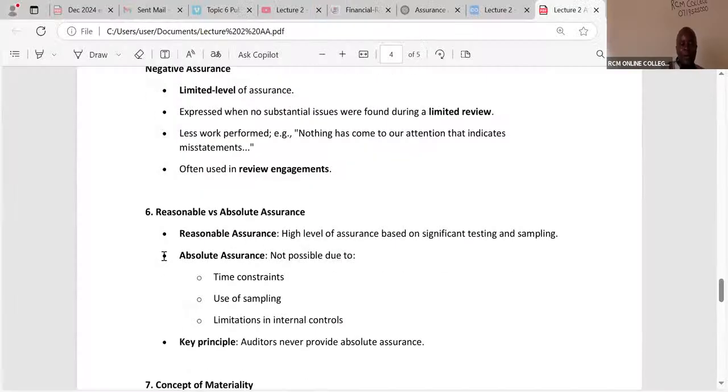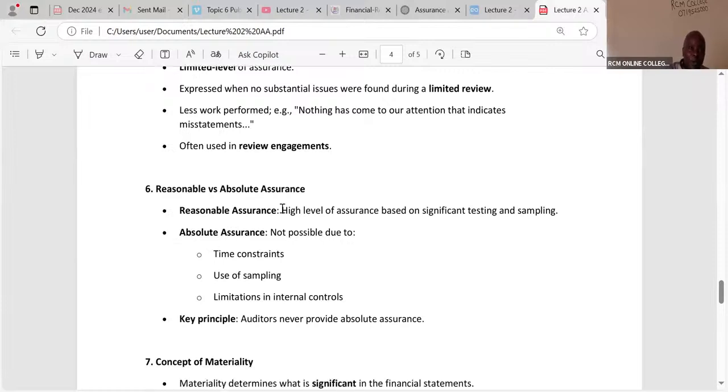Now from there, we have number 6 here, reasonable versus what we call absolute assurance. Reasonable assurance is a high level of assurance based on significant testing and sampling. Significant, not 100%, significant. Absolute assurance is not possible because absolute assurance is giving you 100% comfort that these directors are not thieves.